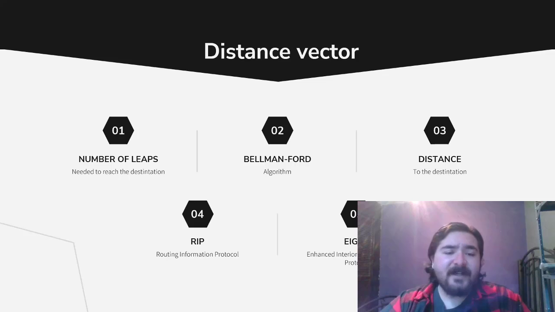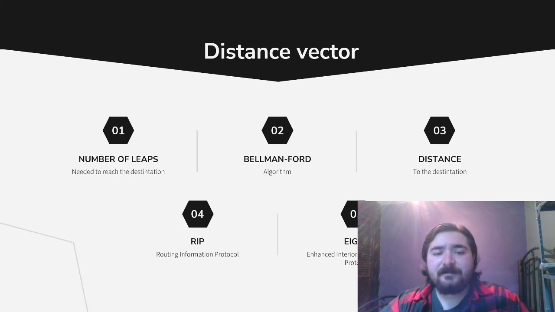We can classify dynamic routing protocols based on many different parameters, but the main way to classify them is based on their functional pattern. Taking this into account, we can distinguish two types of dynamic routing protocols. The first one is called distance vector, which works by using the Bellman-Ford algorithm.